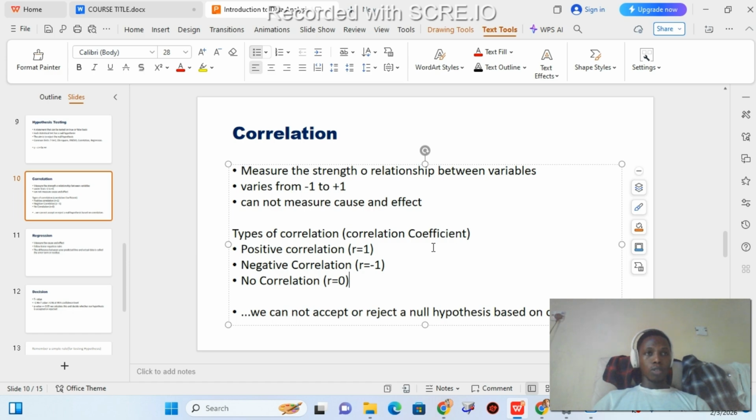A positive correlation is that these two maybe help each other or augment one another. A correlation can be weak, moderate, or high. They can be highly correlated, mildly correlated, or weakly correlated. If my correlation answer is between 0 and, let's say, 0.3 or 0.35, those two variables are weakly correlated.